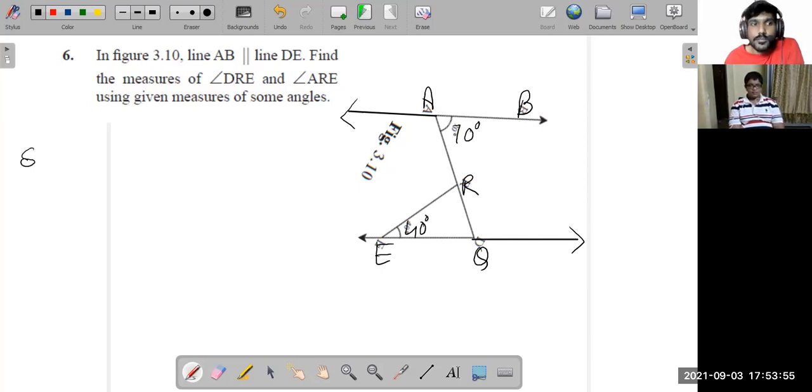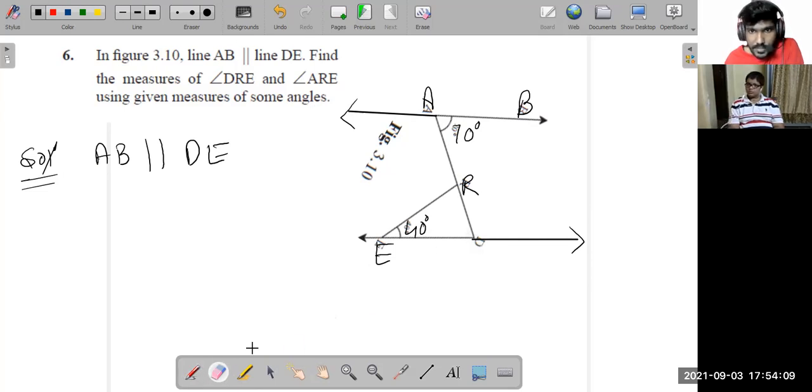In the question, it is given AB is parallel to DE, sorry, this is D. Since AB is parallel to DE, what is the transversal then?